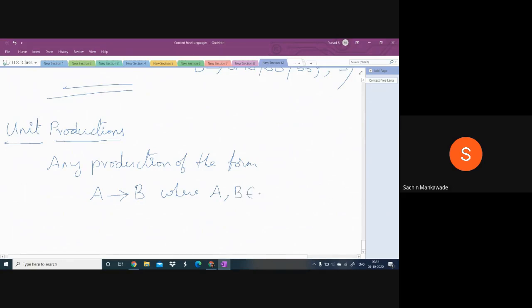So any production of the form A derives B, where A, B belong to non-terminals, is called a unit production. Okay. Next.